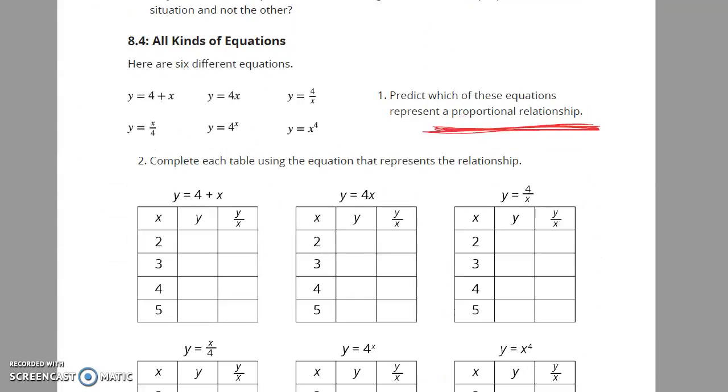Please predict which one of these equations is a proportional relationship. When you're done, move on to filling in the tables.